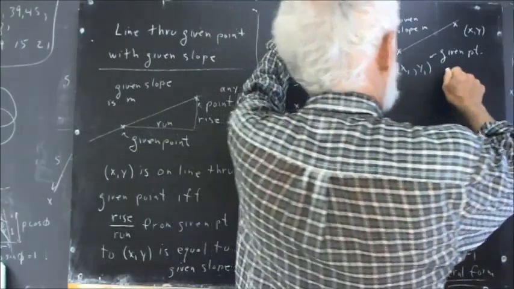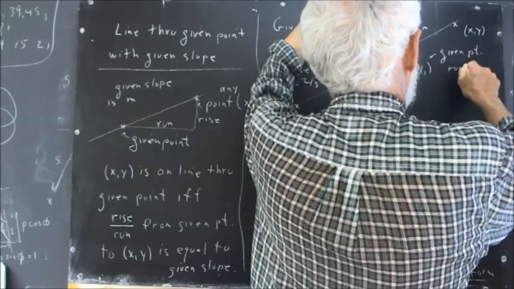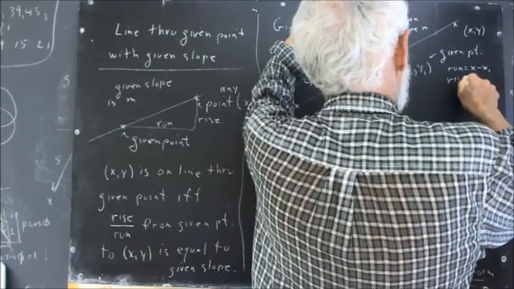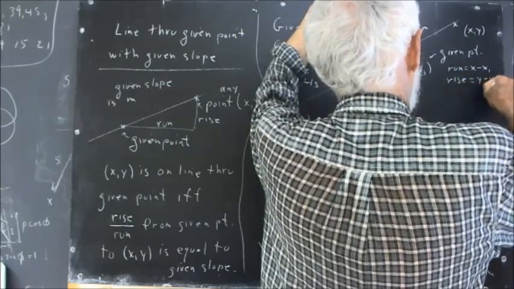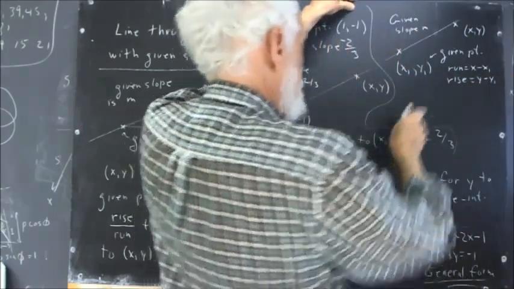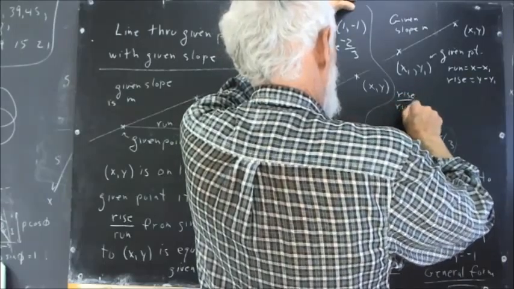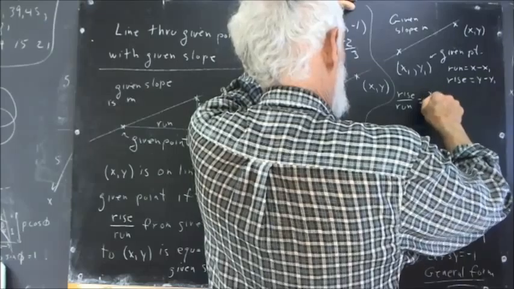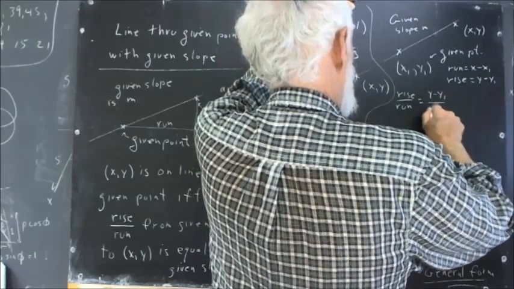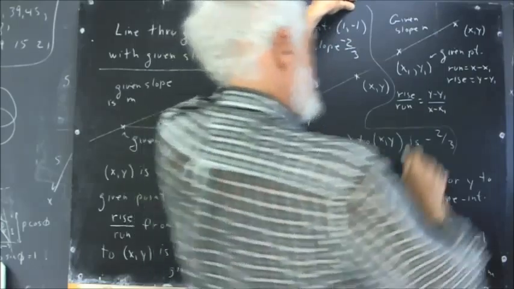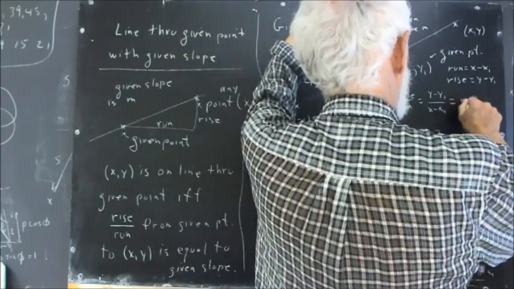The run is x minus x1. The rise is y minus y1. So what we get is rise over run equals y minus y1 divided by x minus x1, and that equals your slope, which is m.